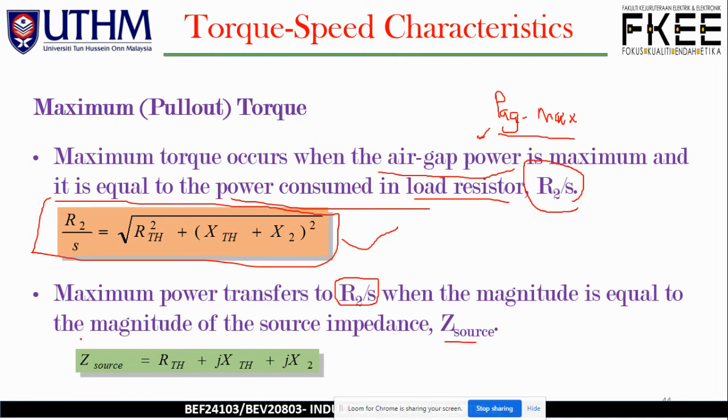This is again the equation from the previous slide: Z source equals RTH plus jXTH plus jX2. So these are the conditions in order to obtain the maximum pull-out torque.